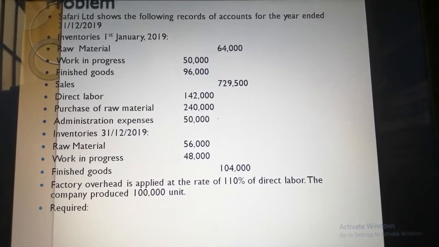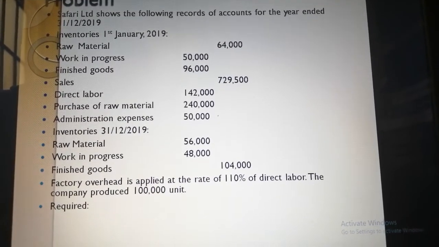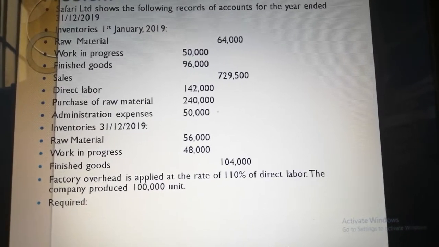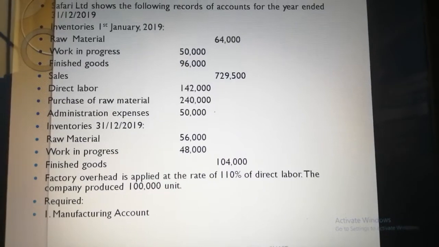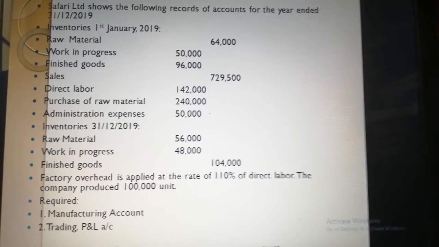Factory overheads are applied at the rate of 110 of the direct labor. Required: 1. Prepare manufacturing account. 2. Prepare trading account. And then 3. Prepare trading profit and loss account.